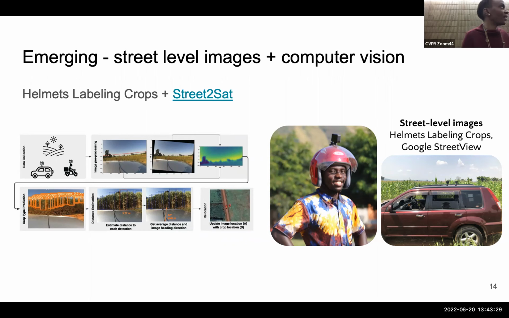Hannah gave our Street2Sat presentation in the workshop yesterday, in the Ag Vision workshop. I think it was recorded, so if you're interested in learning more about this, you can check it out.